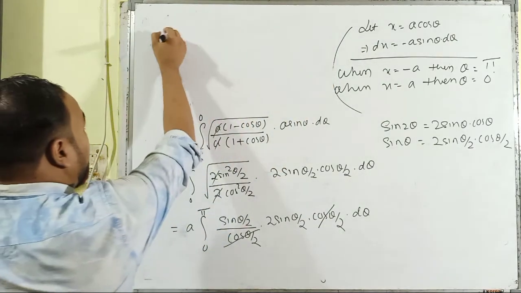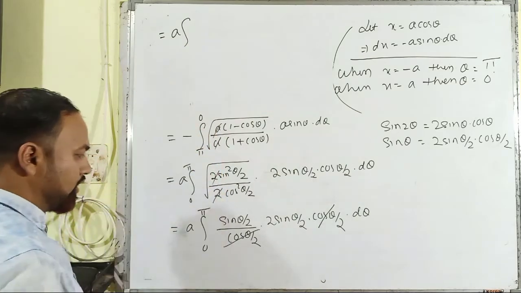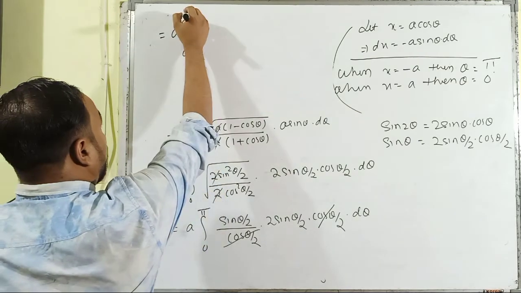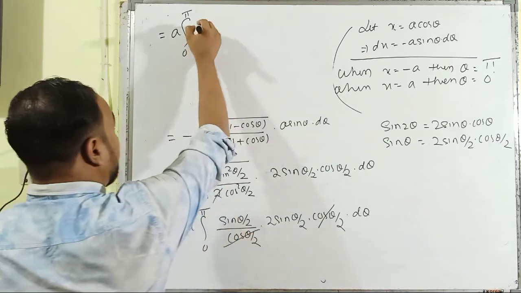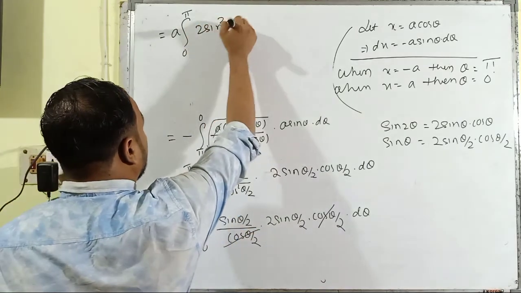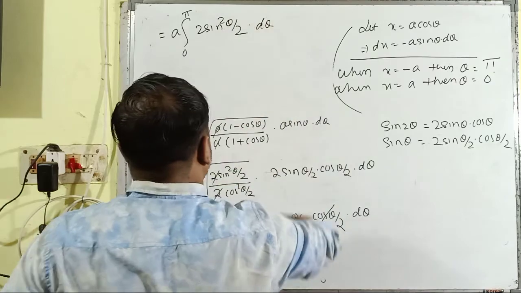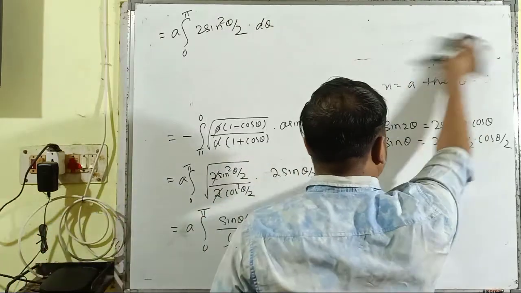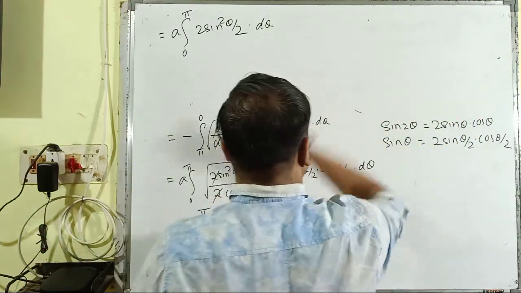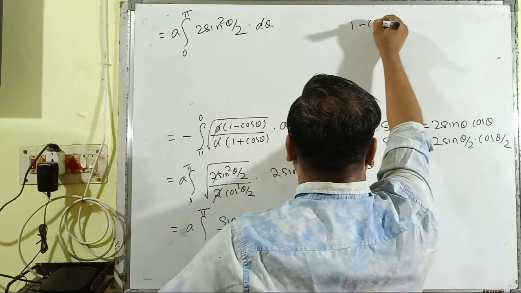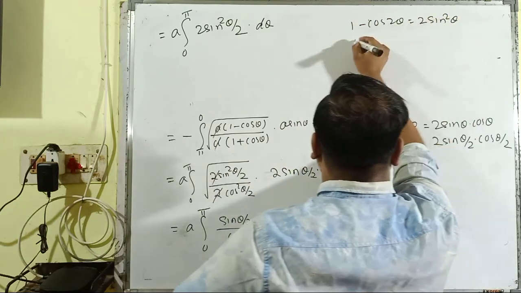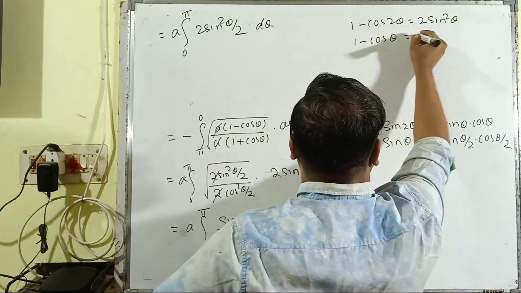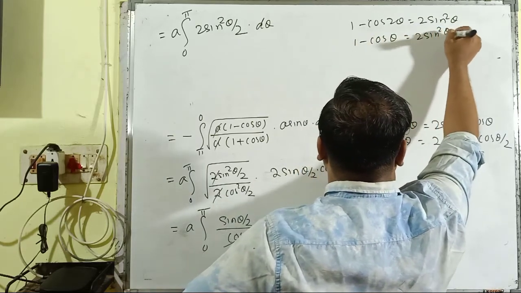it is a multiplied with the integral from 0 to pi of 2 sin square theta by 2 with respect to theta. But we know that if 1 minus cos 2 theta is 2 sin square theta, then 1 minus cos theta is 2 sin square theta by 2.